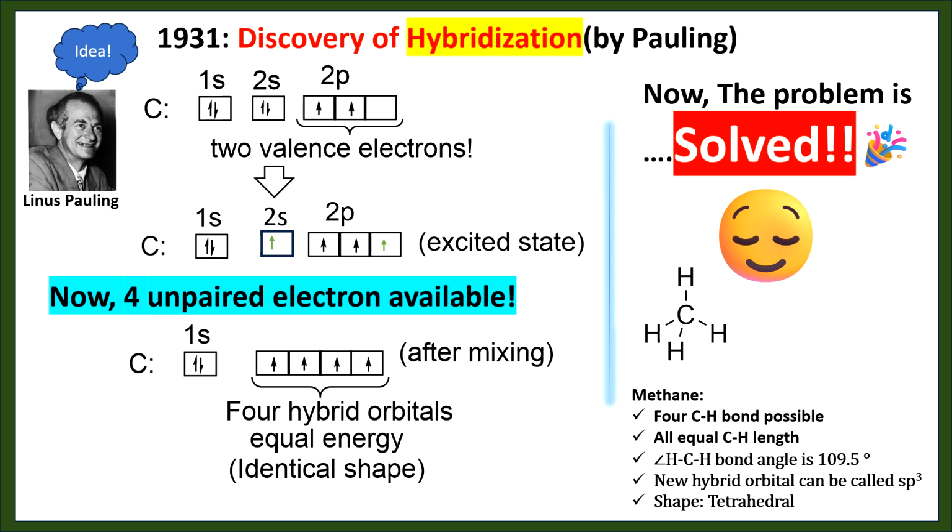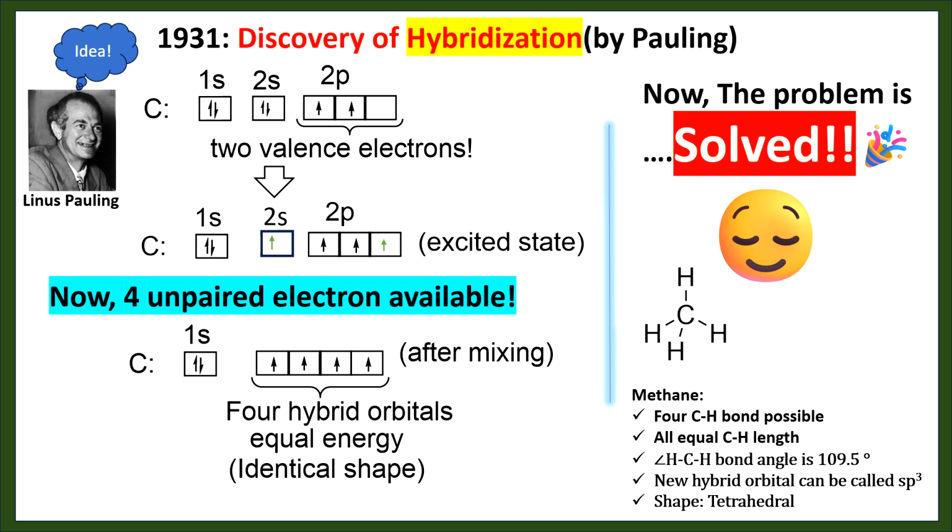Then he said that these 4 unpaired electrons should definitely get mixed. After mixing, they form new orbitals called hybrid orbitals. So 4 new hybrid orbitals form which have equal energy and also identical shape. Only then in methane will each C-H bond length be the same and each H-C-H bond angle be the same.